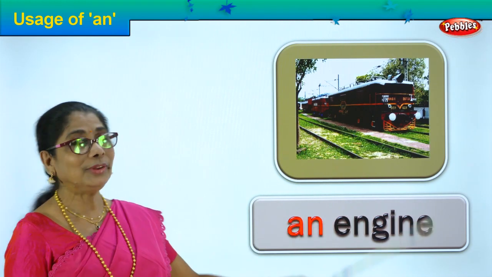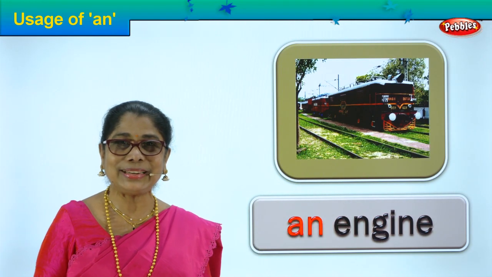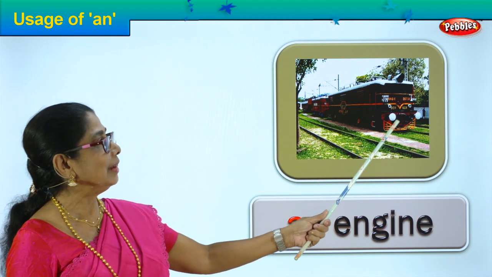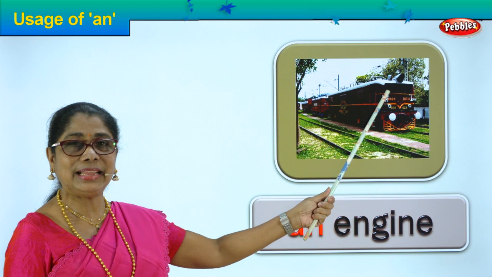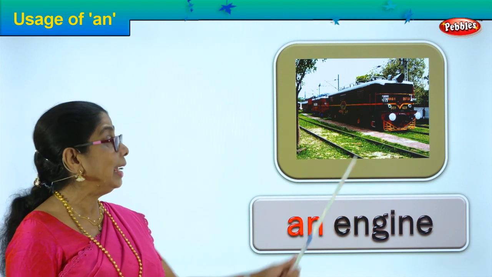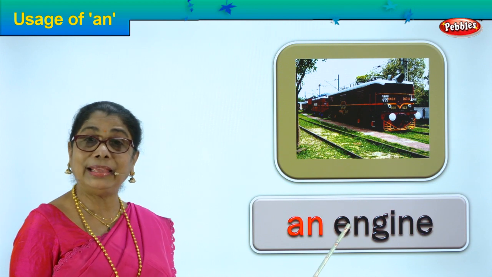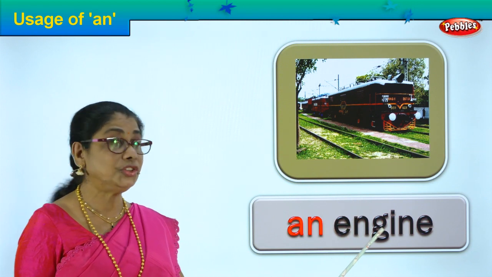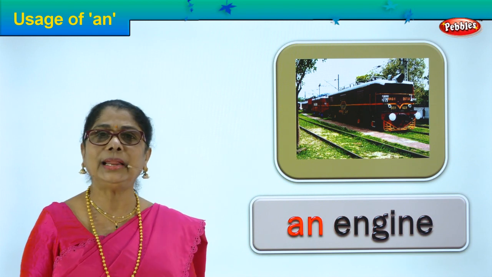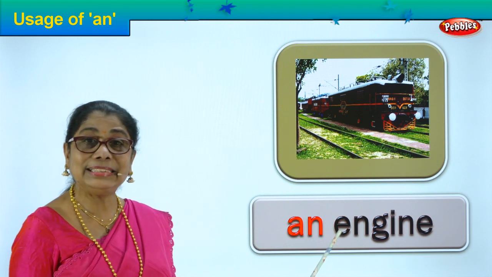Look what you have. We'll have to travel in this. What is this? Engine. Look at the engine. Lovely little engine, and the engine driver is there, ready to take the train on a long journey. Spell engine. E-N-G-I-N-E. Engine. The word engine begins with E. E is a vowel.